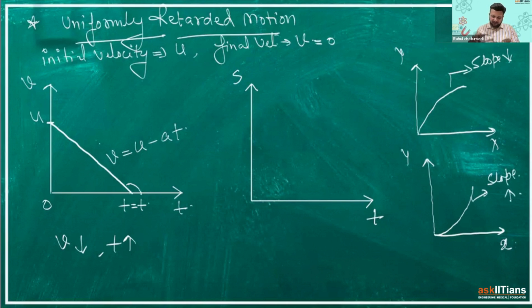So in this particular case, we have seen it's a uniformly retarded motion. So velocity will decrease. Since velocity is decreasing, the ST graph will have a tendency to become horizontal. So the ST graph will be something like this. Getting my point? So here velocity is actually decreasing with respect to time. Hope this thing is clear to all of you.